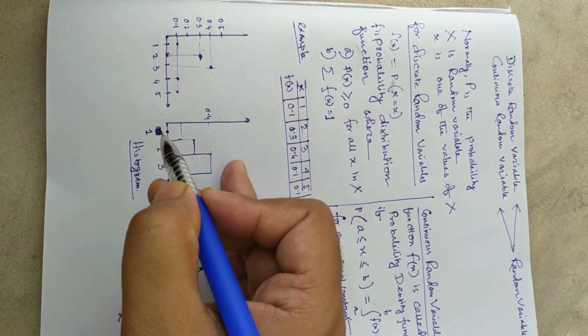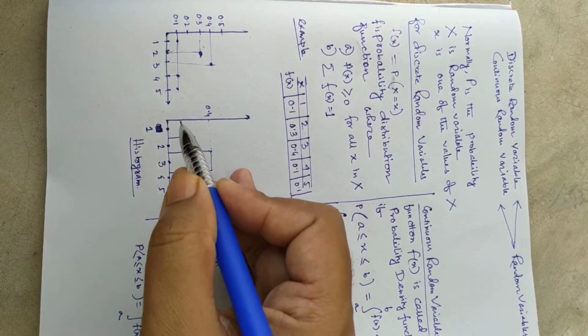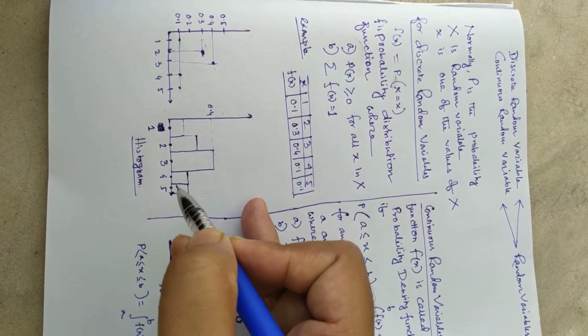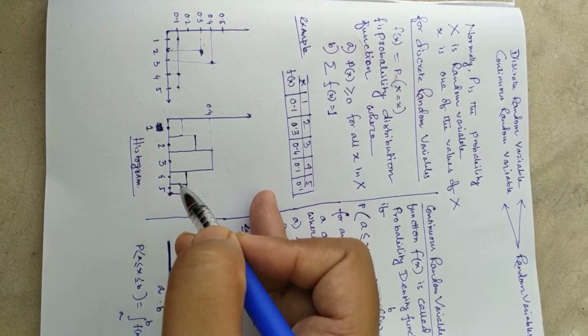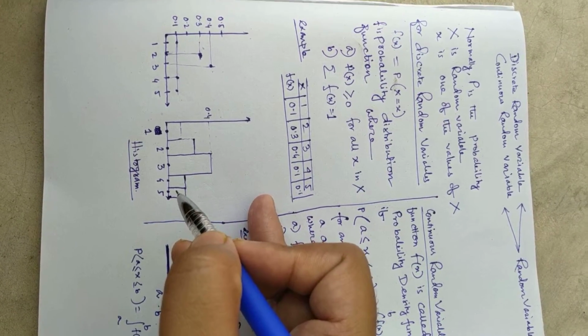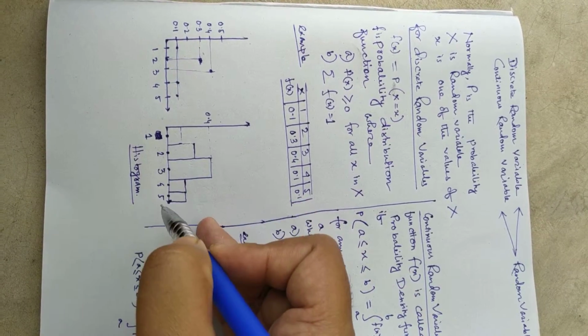If we want to go for a random variable, we have to take the help of a histogram. The x-axis represents all the values of the variable, and here the random variable takes values from 1 to 5.